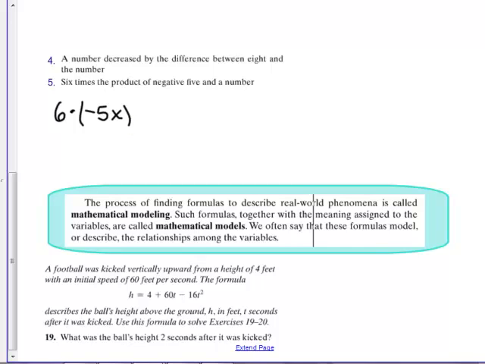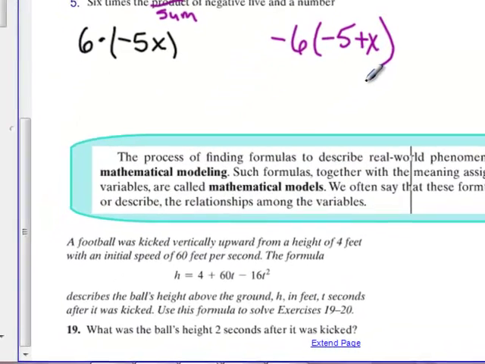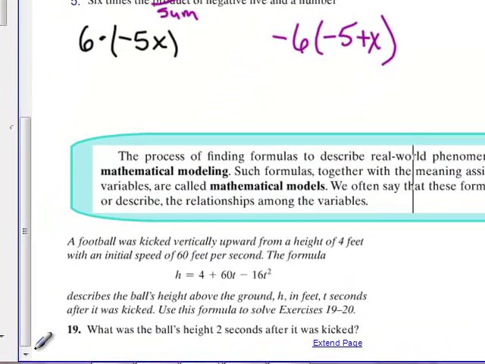So if we change that to sum, then we have 6 times the sum of negative 5 and a number. So negative 5 plus x, and close your parentheses. You do the sum first, then multiply by the 6. So that's probably the only way to make that real tricky.